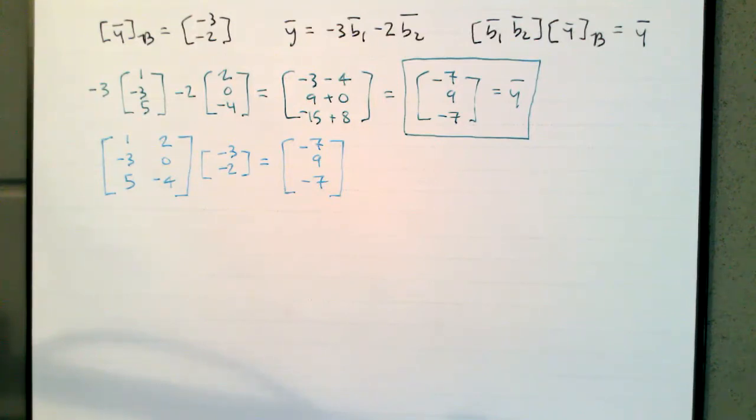That vector only has 2 coordinates because we only have 2 basis vectors. So it's really important when you're looking at a problem to know where the things you're working with live. In this case, y is in R3, but the coordinates of y relative to b are in R2.